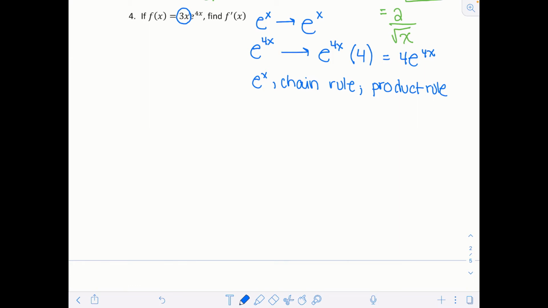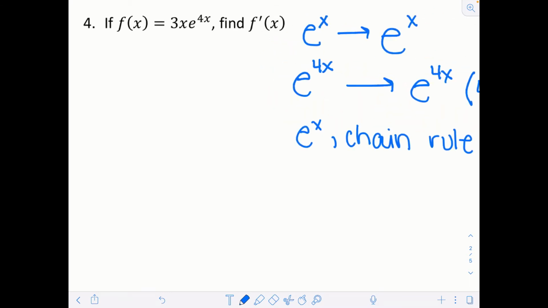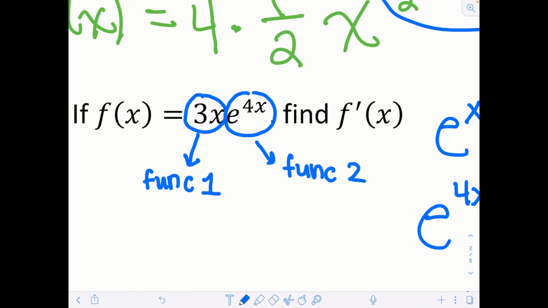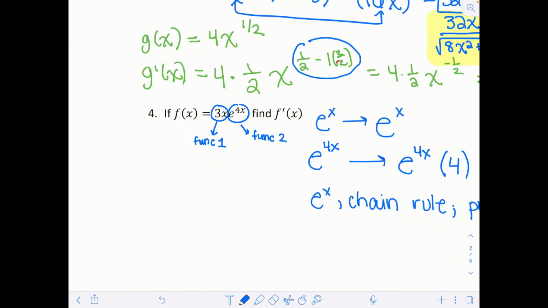But in this case, what's happening is I have 2 different functions multiplied together. So let me zoom in here a little bit. So I've got this, and then I've got that function. So you could say it's like function 1 and function 2. And because they're multiplied together, that means that I need to use the product rule.